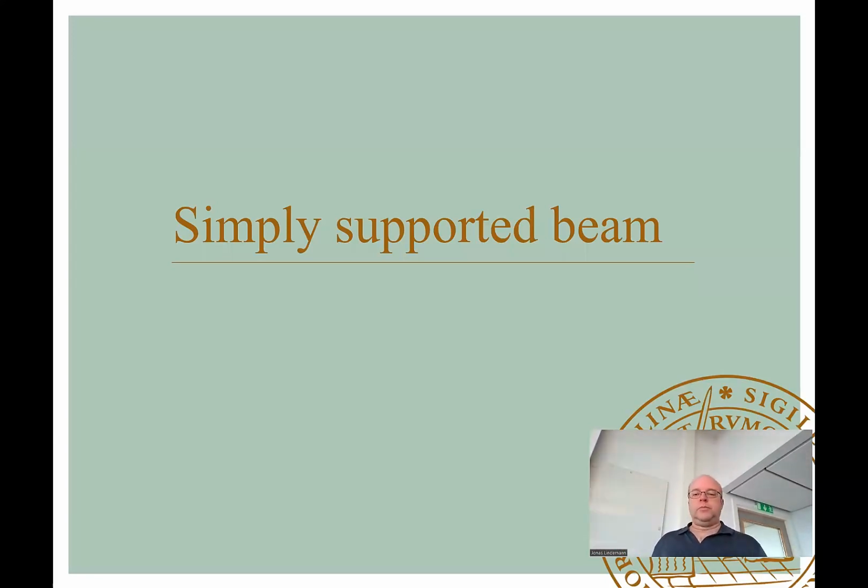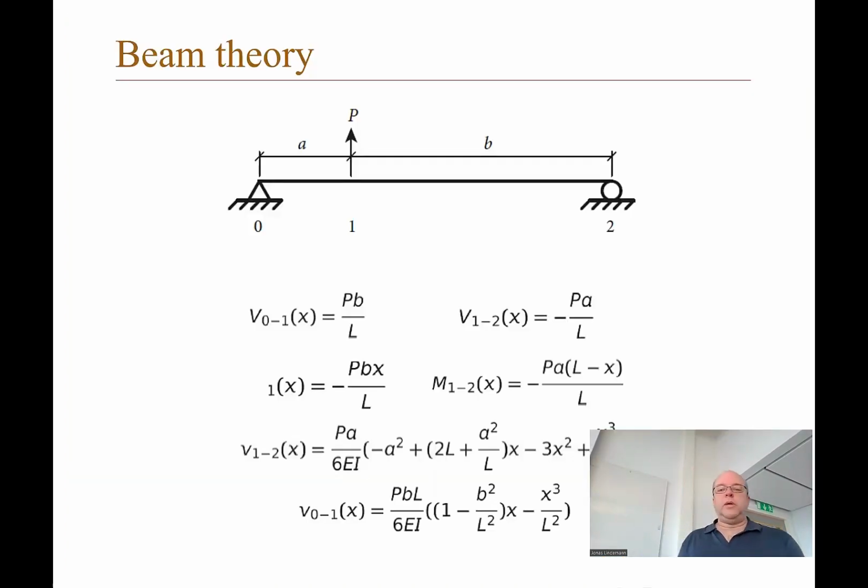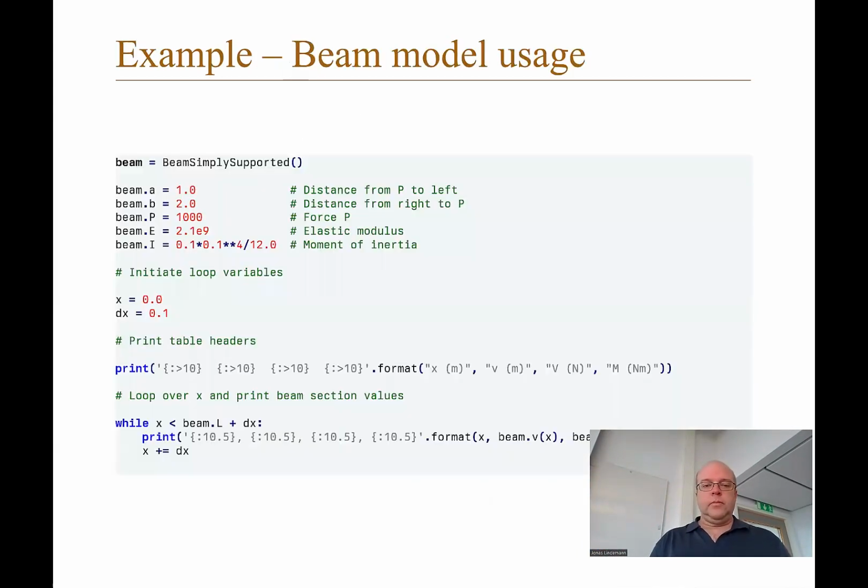So let's do a real application here. I will do an application that calculates an extremely complicated case of a beam. But you have a lot of functions you need to implement. I want to create a simply supported beam model. So first, the idea is that before we do any user interface, the model should be used like this.